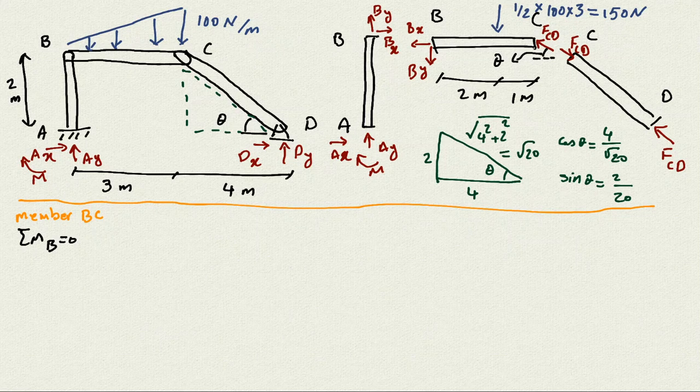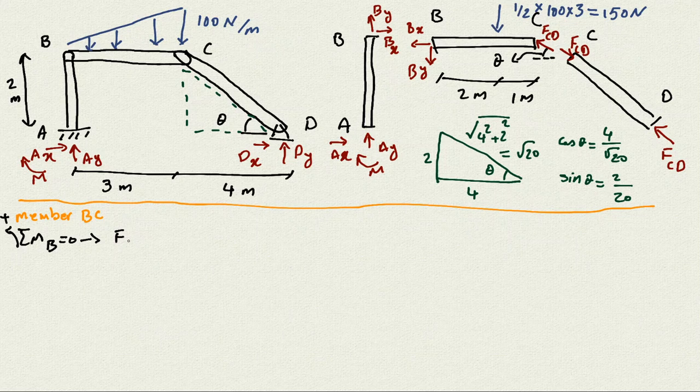The vertical component of that is the FCD, and if this is the theta, the vertical component is FCD sine theta. So if I write that, it's going to be FCD sine theta, and we assume counterclockwise is positive.